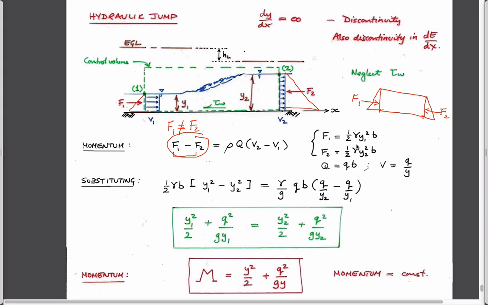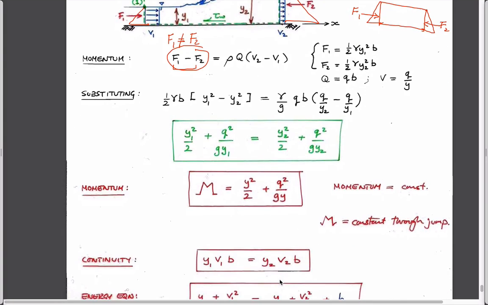So before, conservation of momentum threw these terms out. Now if we do conservation of momentum, we get a significant equation. And this equation looks like this. This is momentum. It looks like the Bernoulli equation, but instead of a length term, it's a length squared. It must be momentum per unit mass or something. I'm not sure exactly how to rationalize the units, but it's just another term.